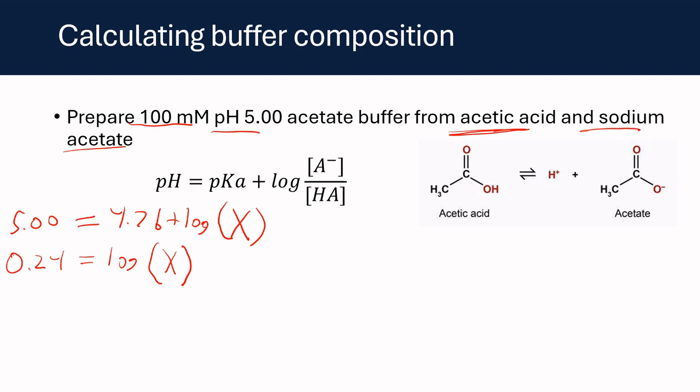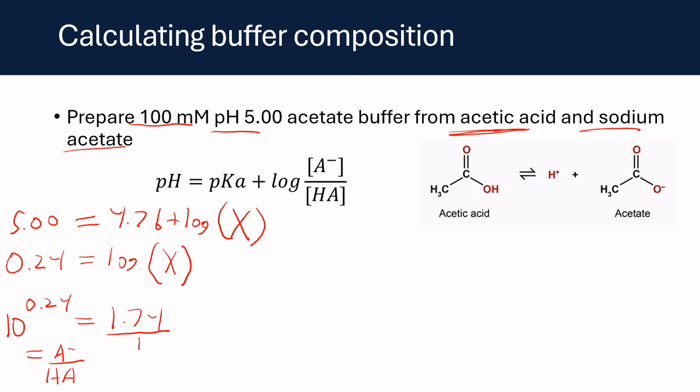I'm going to go 10 to the power of 0.24, which will equal 1.74. This equals the ratio of acetate to acetic acid.